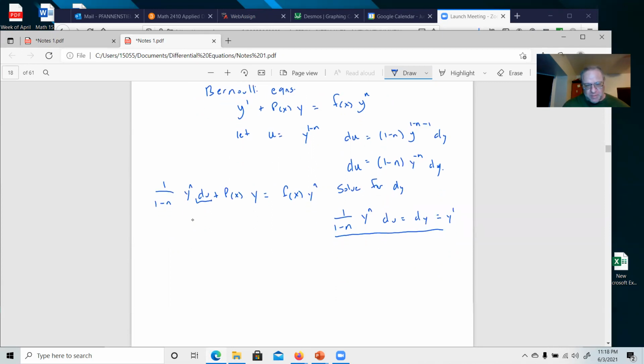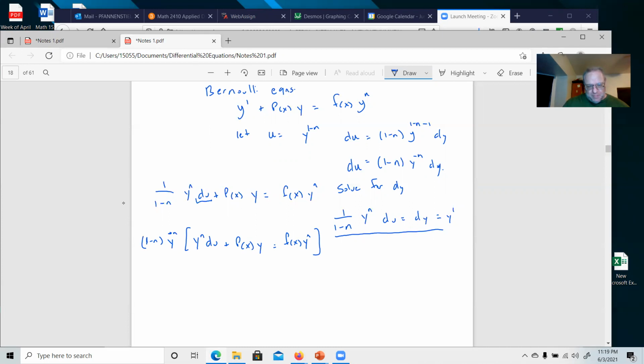We're going to multiply everybody by 1 minus n, and then y to the negative n, again, times the whole equation. So it's y to the n du plus p of x y is equal to f of x y to the n. This is negative here.